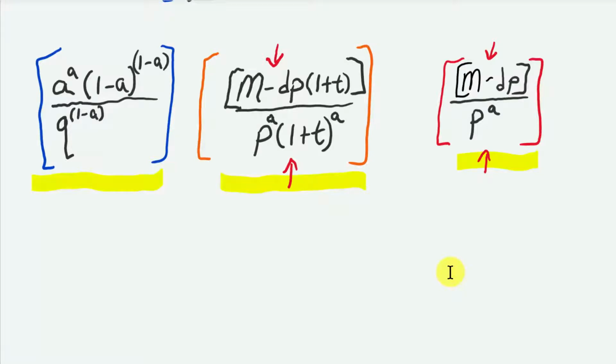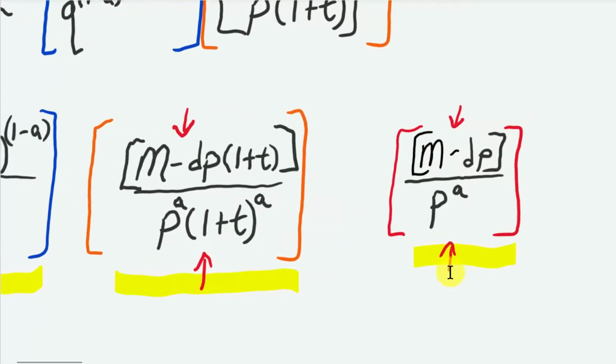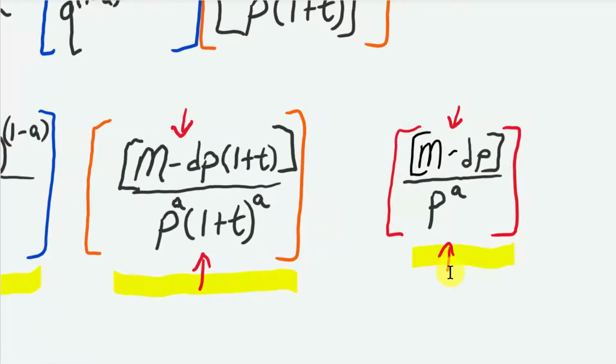This helps us see that one thing we're going to have to do in order to get from the orange expression to the red expression is we're going to have to multiply the top by 1 plus T to the A to get rid of that. All right, so we're going to have to get rid of that somehow. Another thing we're going to have to do is adjust this on the top.